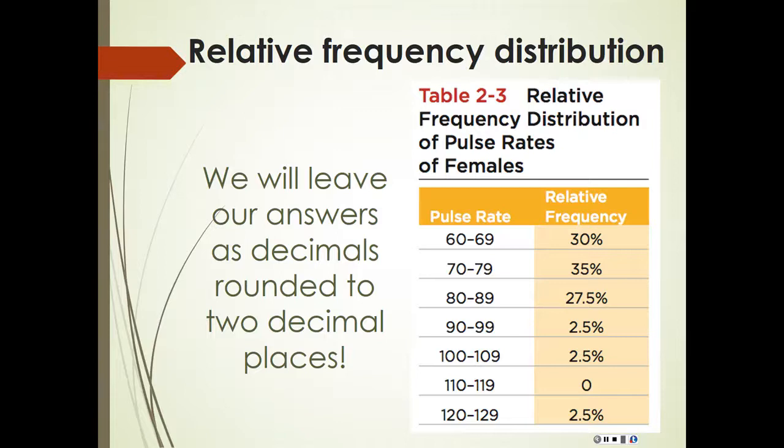For two things, if I was trying to compare the women's pulse rates to the men's pulse rates, I would want to use the same class intervals and compare the counts in each class. Just because there were no women that had that pulse rate doesn't mean that there were no men that would have that pulse rate. So I need that category. Not only that, but it preserves the spacing. You don't ever leave out a category just because you don't have any data values that fall into it.